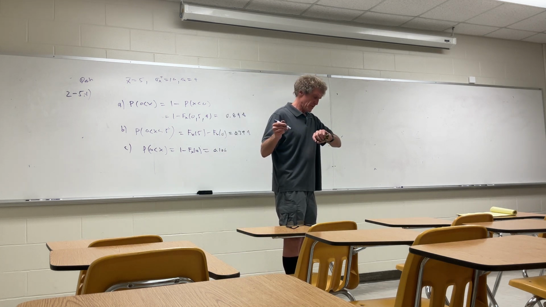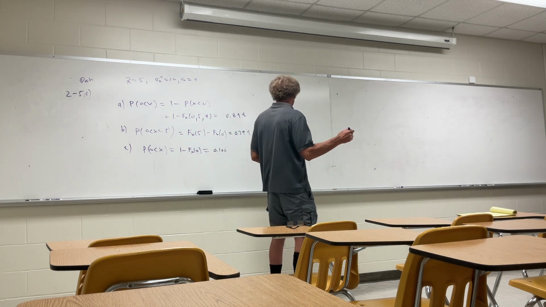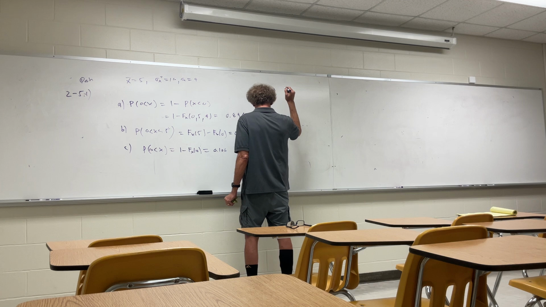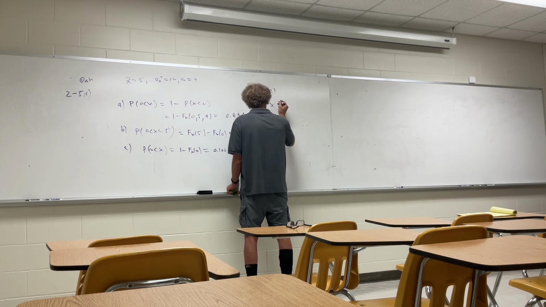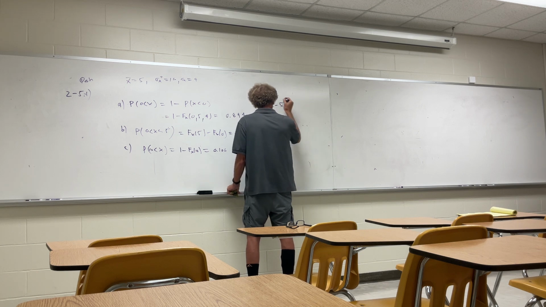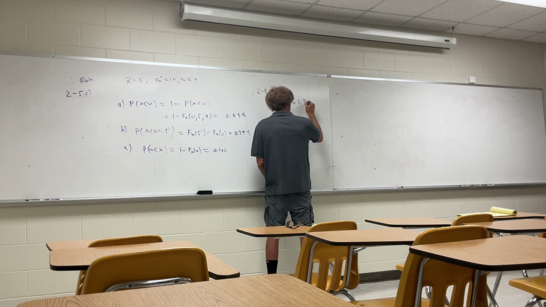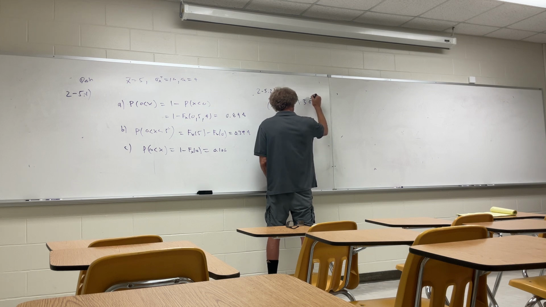Next problem. I'm trying to get these through. Go ahead. This is 2-5.2. It's the fourth central moment for this variable, for that problem above? Yes. Okay. So this is the fourth central moment. That's 1 times 3, and then it's going to be times sigma to the 4th power.